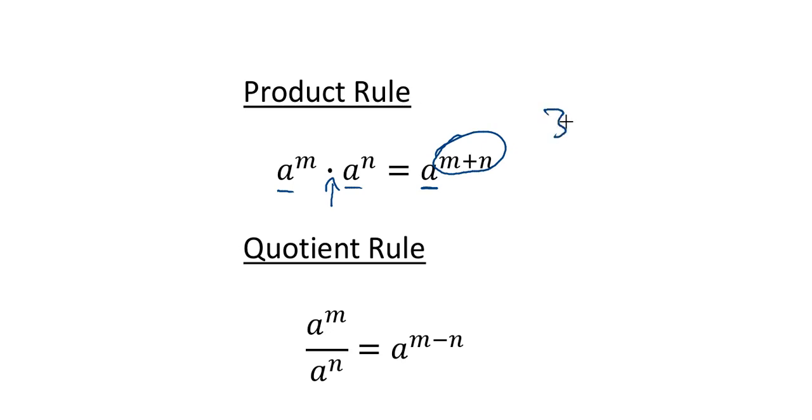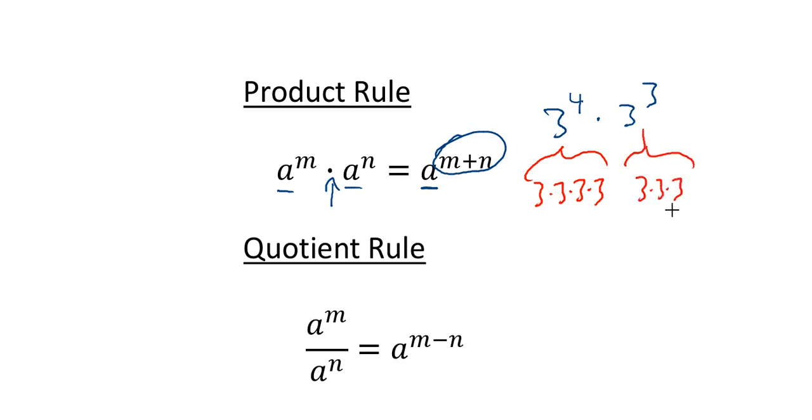So if you have, let's say, 3 to the 4th power times 3 to the 3rd power. If you break this down using the basic definition of an exponent, this is 3 multiplied to itself 4 times. 3 times 3 times 3 times 3. This is 3 multiplied to itself 3 times.